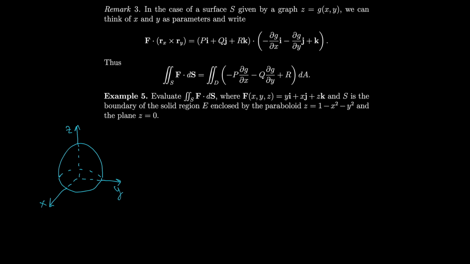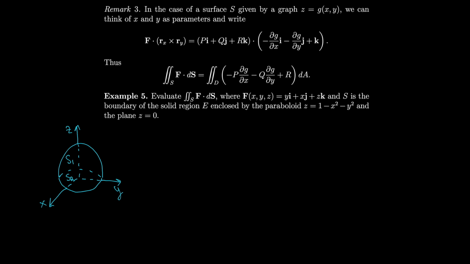Okay, so then how about we split this up into base S2 and paraboloid part S1. What we'll do is assume that this thing has positive orientation to compute our f dot dS.